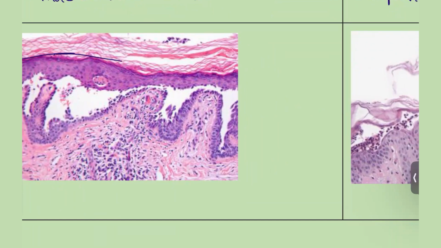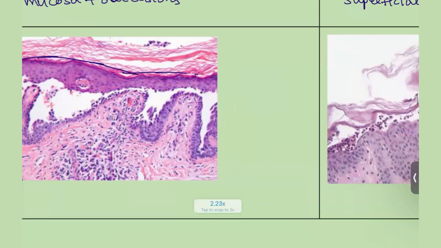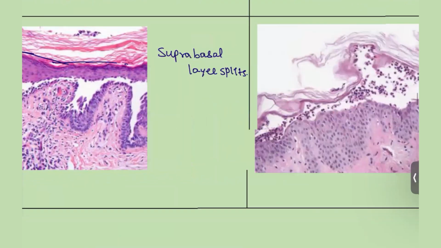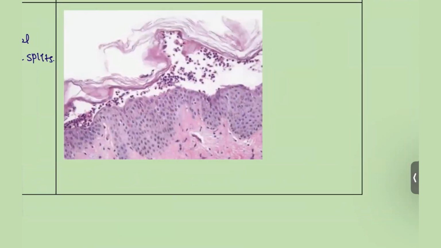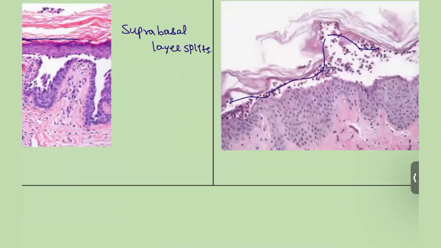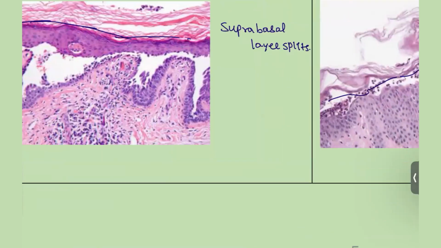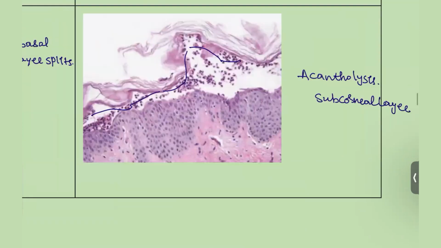Here you can see the suprabasal layer split in patients with pemphigus vulgaris. In pemphigus foliaceus, you see acantholysis in the subcorneal layer. The suprabasal is above the basal layer, and the subcorneal layer is beneath the stratum corneum.